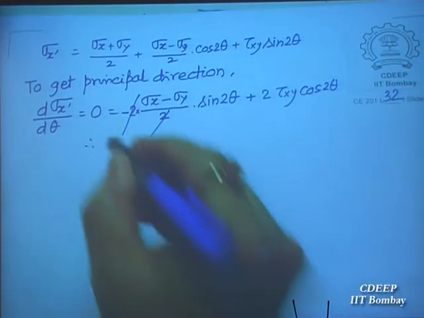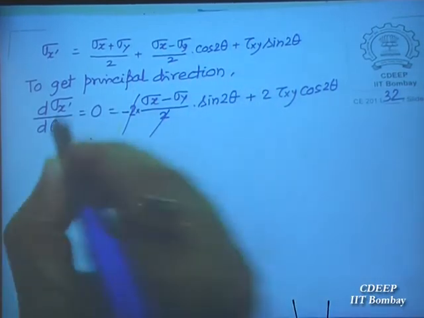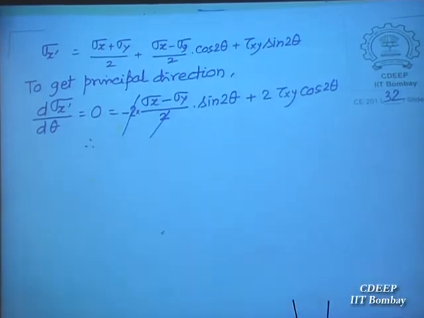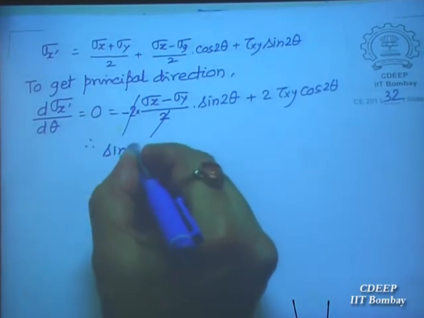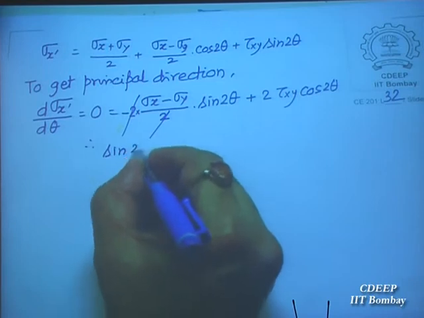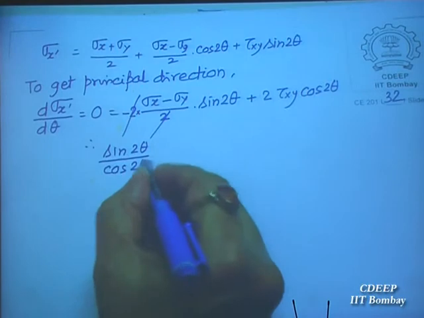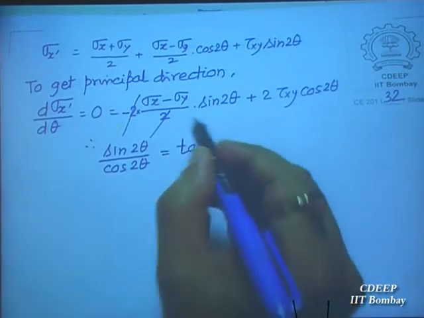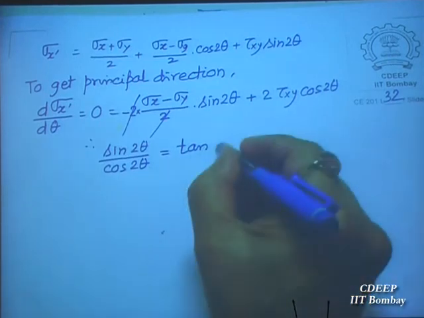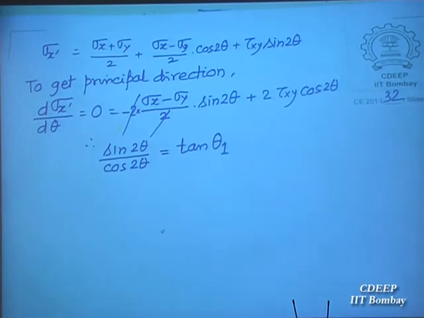Therefore I think I should take tangent. So tangent is therefore sine 2 theta by cosine 2 theta. Call this direction 1. This direction is my theta 1 direction, the principal direction. Let us define this as theta 1.